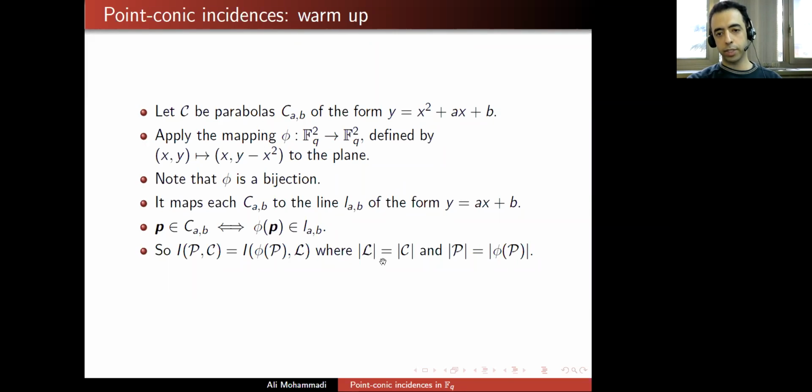It's fairly simple to see that the number of lines is the same as the number of parabolas, and the number of points remains the same as well. So you just apply point-line. So no loss in strength.